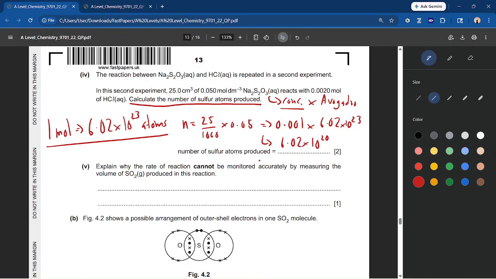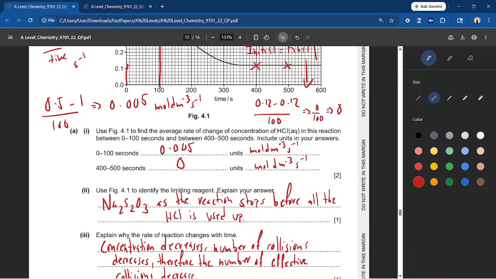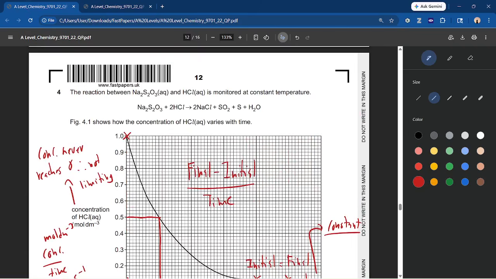And explain why the rate of reaction cannot be monitored accurately by measuring the volume of sulfur dioxide produced. So if you take a look at the reaction over here, you have SO2 plus H2O. So these two will end up reacting with each other.